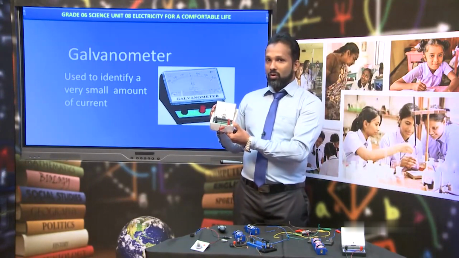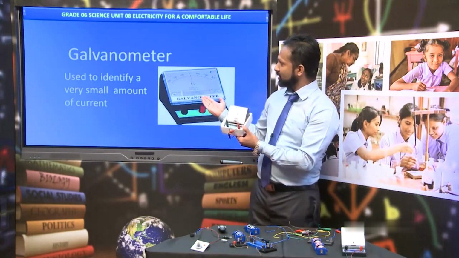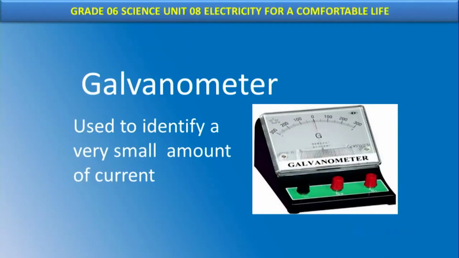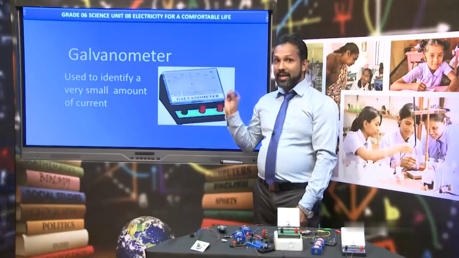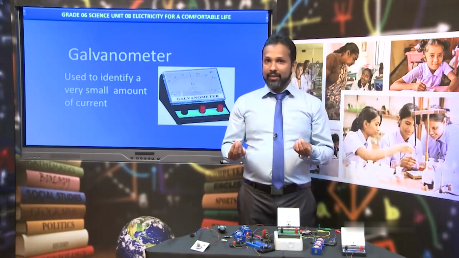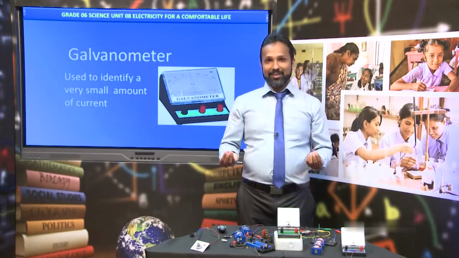Now, what's the use of this galvanometer? As you can watch, the galvanometer is used to identify a very small amount of current. Then I am going to show you a simple activity to find out the use of the galvanometer.